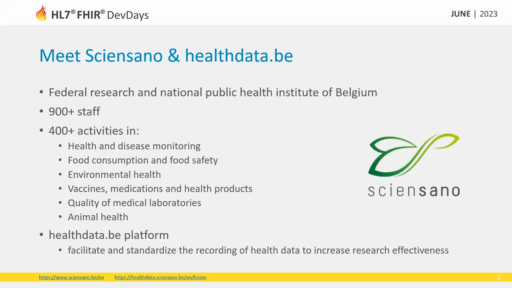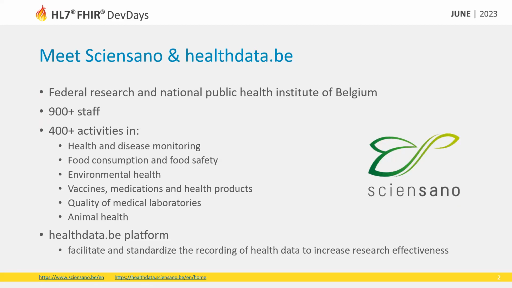So Sciensano, the Research National Public Health Institute of Belgium. They're pretty big, with around 900 people working there, and they do all kinds of things in a variety of topics, ranging from health and disease monitoring to even animal health.